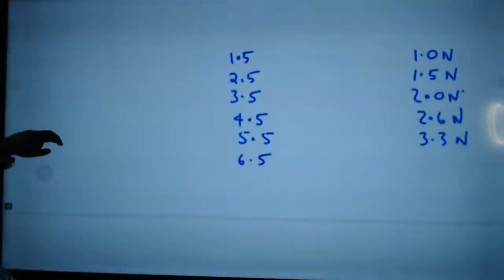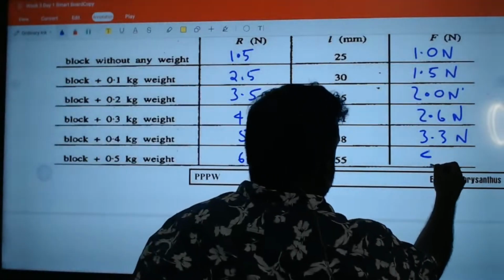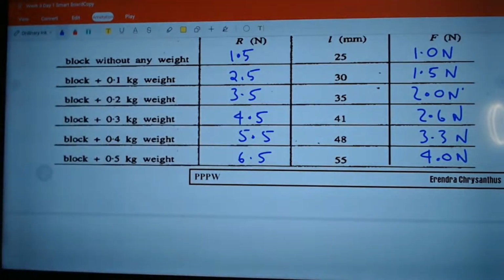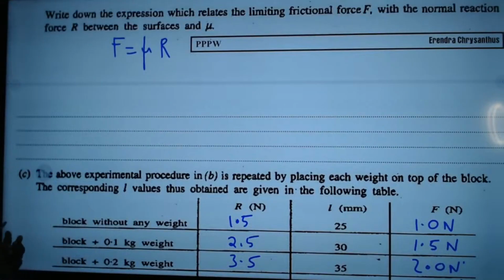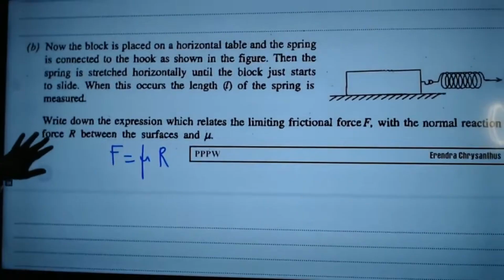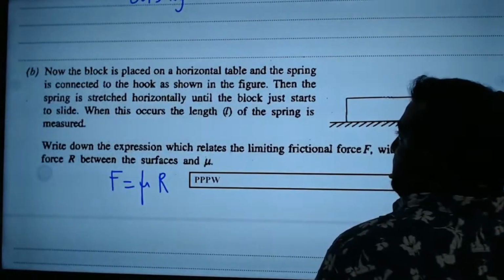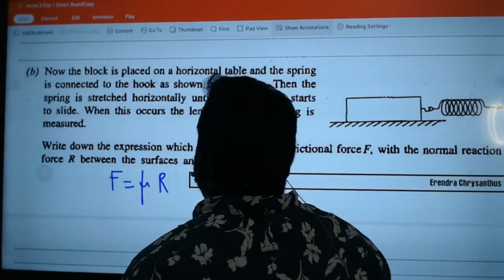So what I have done is for every force we have found the normal reaction. This force is found at the limiting friction. The above experiment is repeated by placing each weight on top of the block and the corresponding weight is found. Now the block is placed and the spring is pulled horizontally as the block just starts to slide.